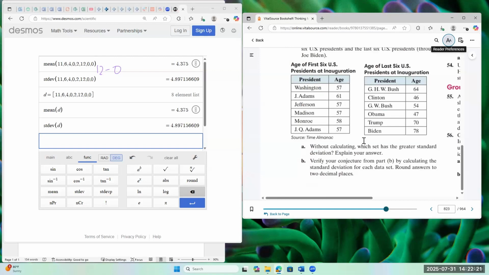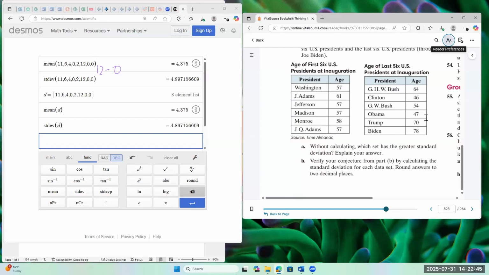The question is, just looking at them, which one do you think has the greater standard deviation? These all seem to be grouped in the high 50s and low 60s, so there's not much deviation. The smallest is 57, the largest is 61, so even the range is pretty small, and they're all clustered in the same area.